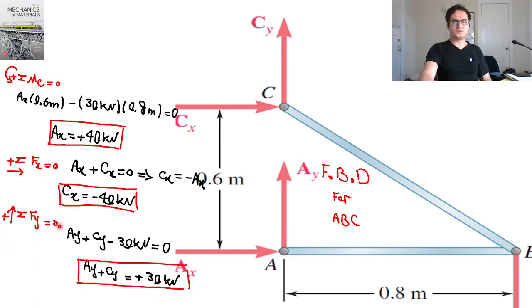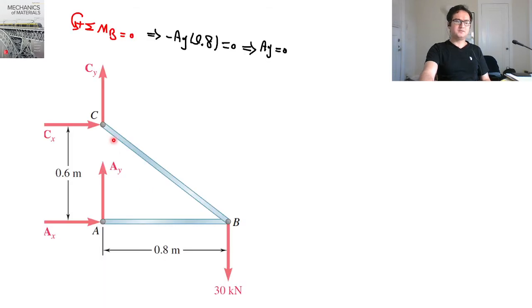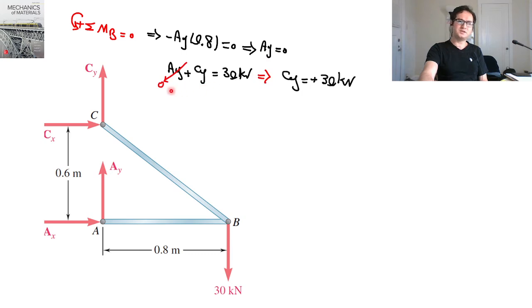Summation of forces in the Y direction gives you an equation which includes Ay and Cy, and their sum is 30 kN. If you take another moment about point B, it ends up with Ay equal to 0. As soon as you have Ay equal to 0, Cy is a positive 30 kilonewtons.